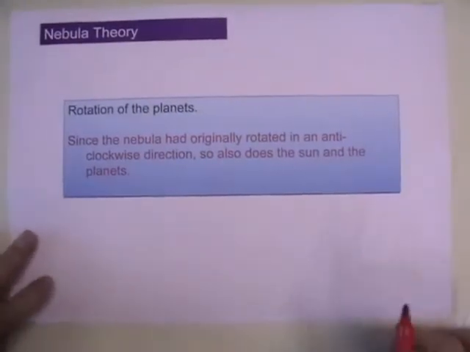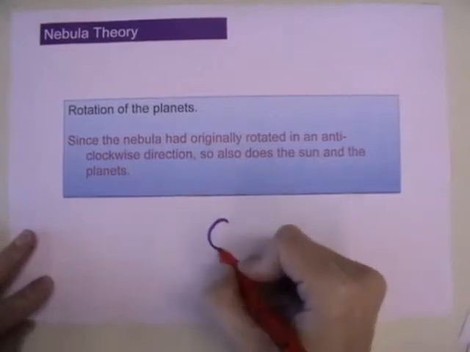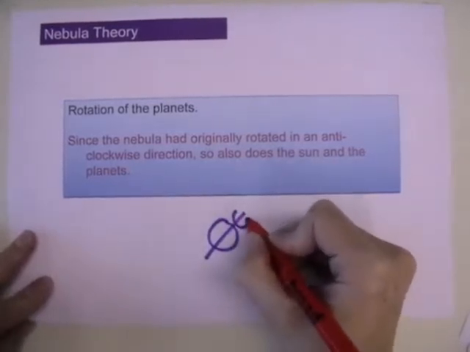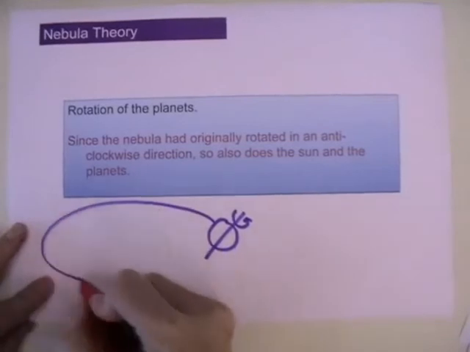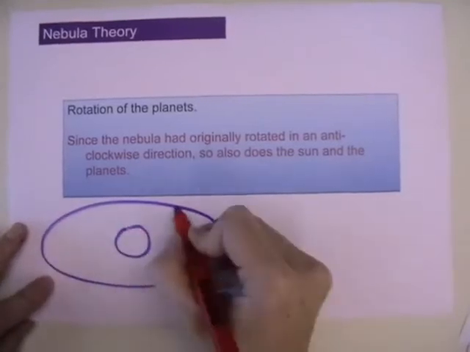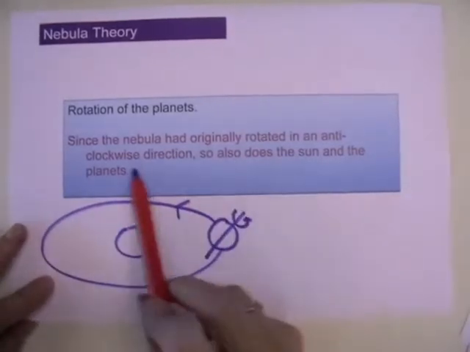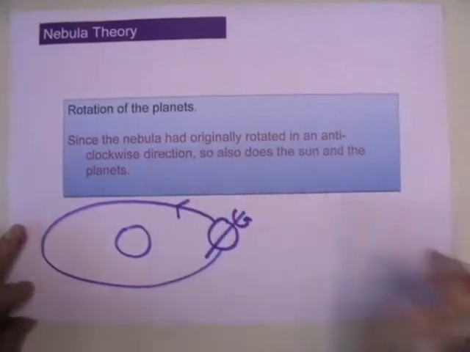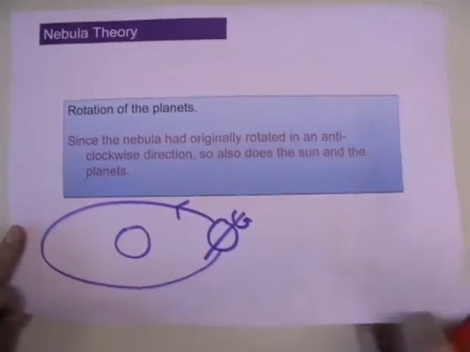The rotation of the planets, not only on their axes, is in an anti-clockwise direction, but also around the sun is in an anti-clockwise direction, because the nebula had originally rotated in an anti-clockwise direction.